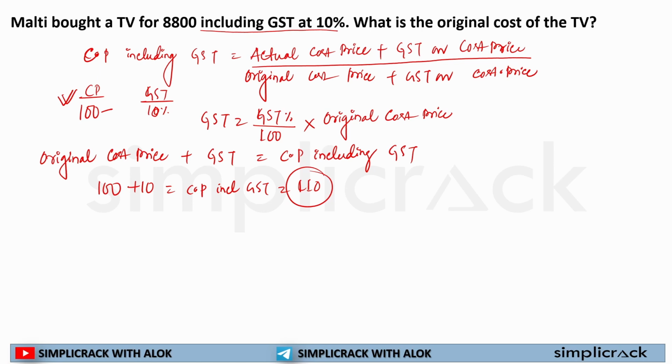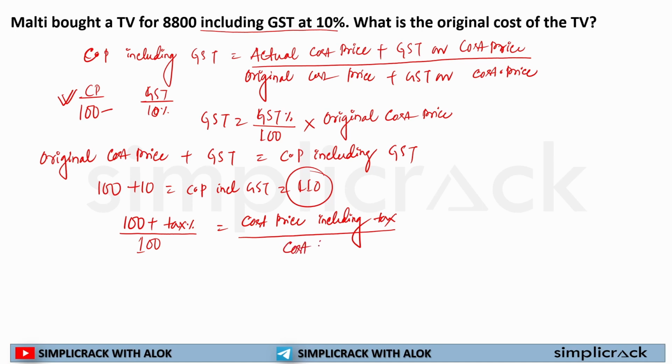So whenever you will be asked, you can write 100 plus tax percentage divided by 100 is equal to cost price including tax divided by cost price.